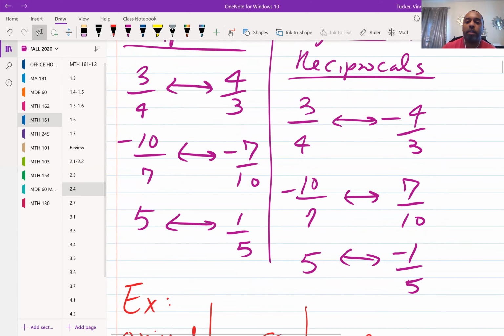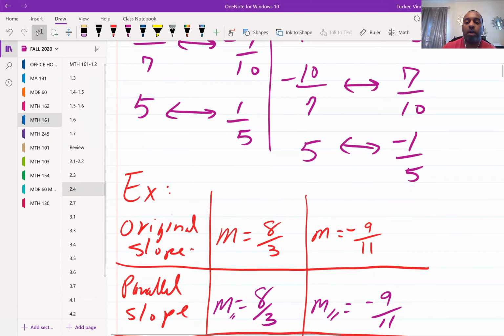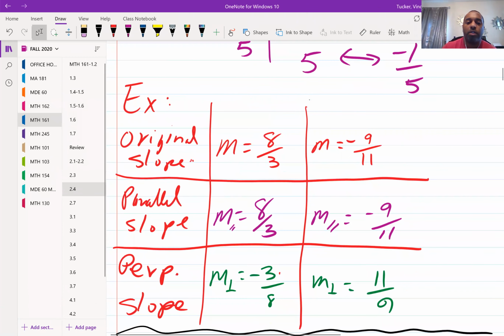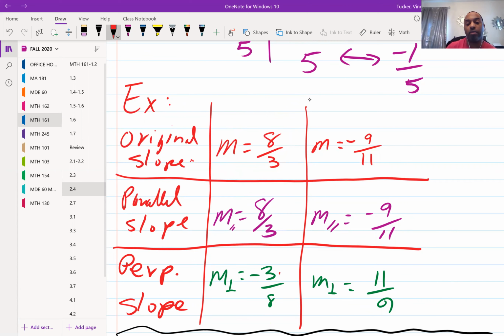All right, so let's see how that translates as far as our slopes are concerned. Here I just have a little mini chart. If I have my original slope as 8/3, and I want a line that's parallel to the line that has this slope, that means the slope would be 8/3. Parallel lines will have the same slope.